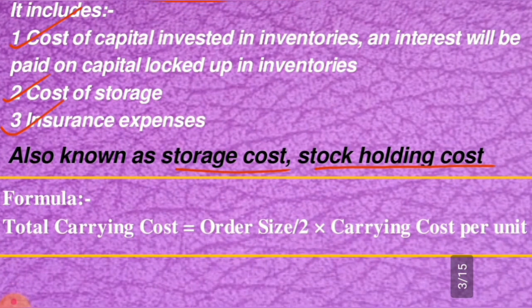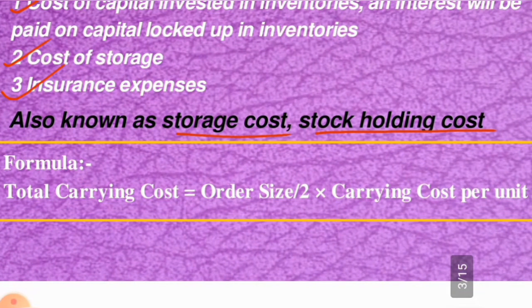Now let's see the formula. So the formula to find out total carrying cost is equal to order size by 2 into carrying cost per unit. So firstly, you should know the formula of purchase cost and ordering cost also.